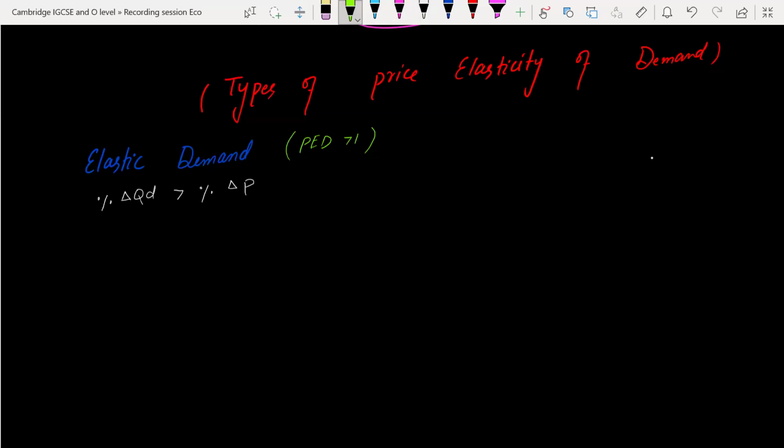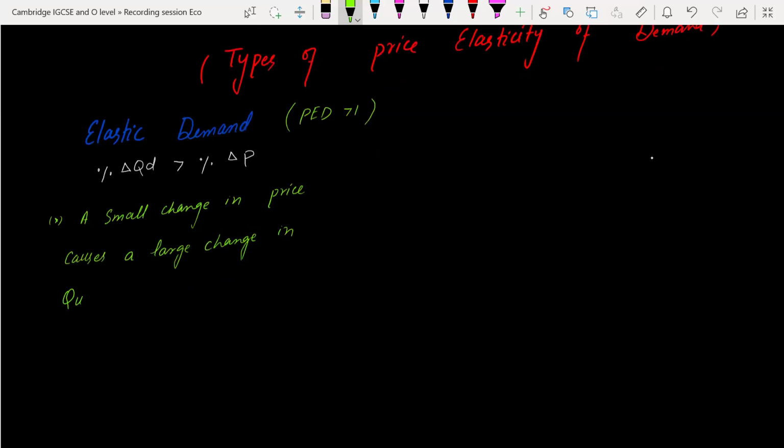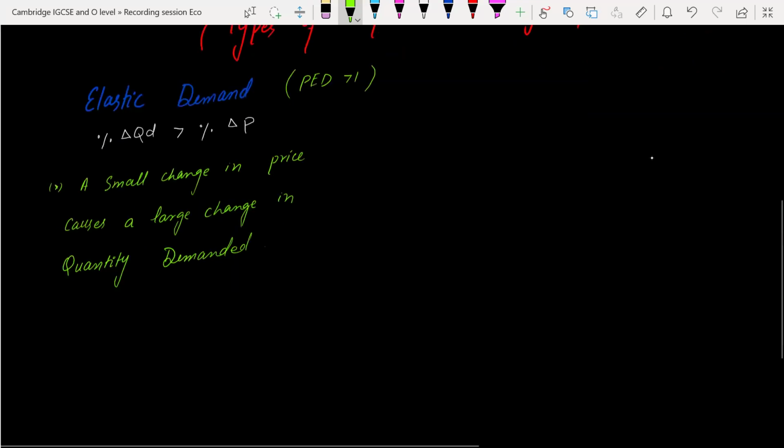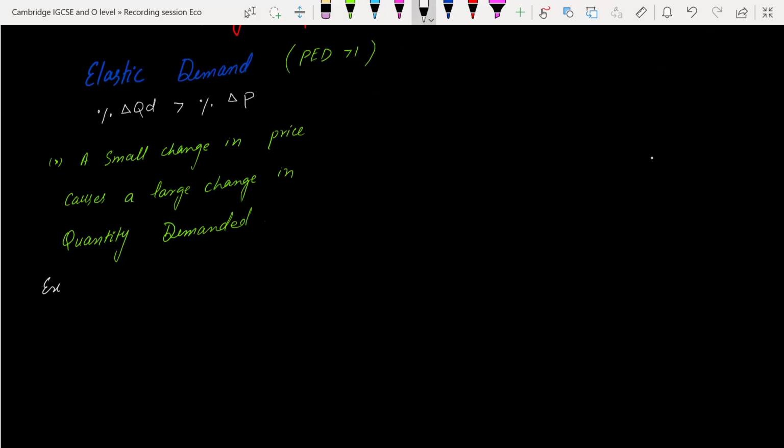On the other hand, you can write it like this: a small change in price causes a large change in quantity demanded, and it will be only for luxury goods and branded items.